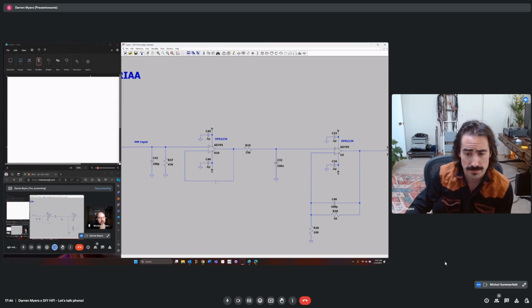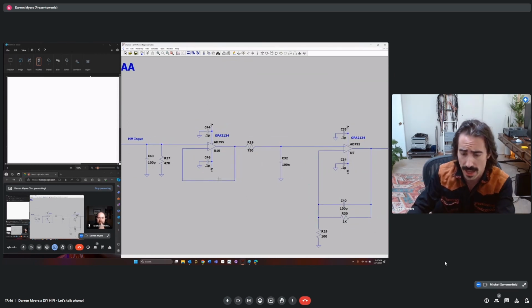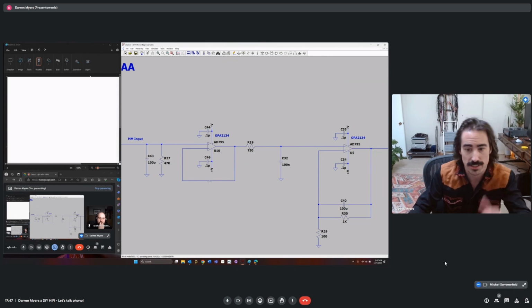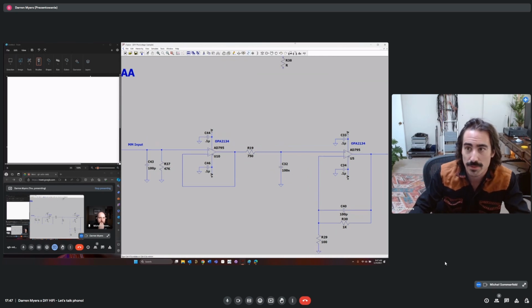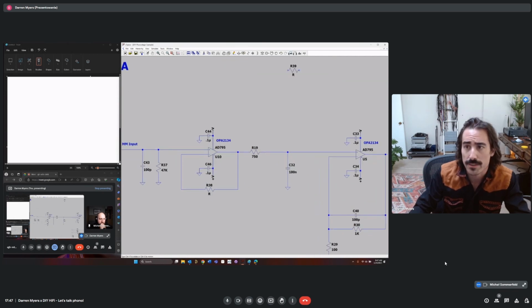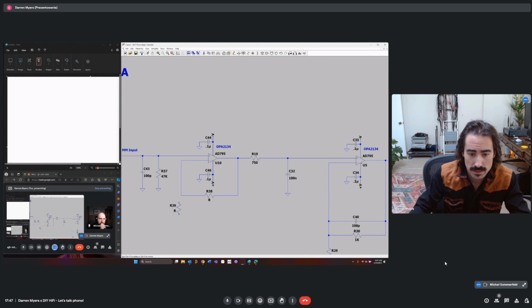The other idea is that you could put in, let's say, only 6 dB of gain here, right? So you can shift gain over. So you could say, well, what's 6 dB in a non-inverting amplifier? We could make a non-inverting amplifier like this.